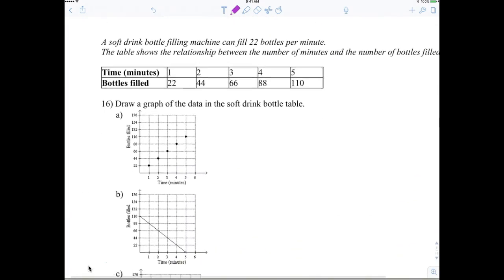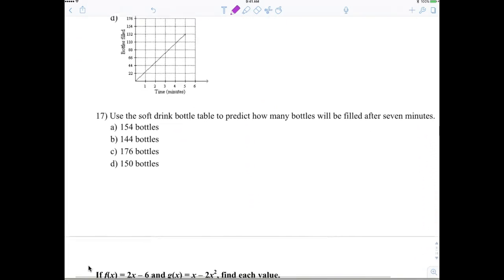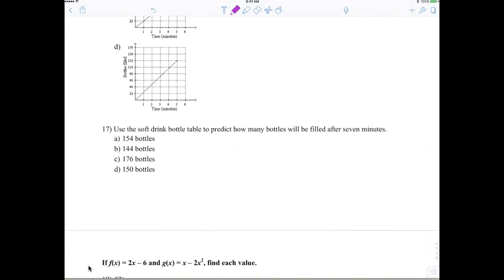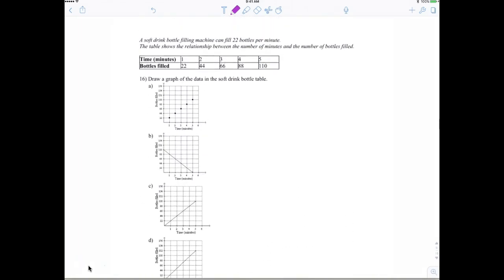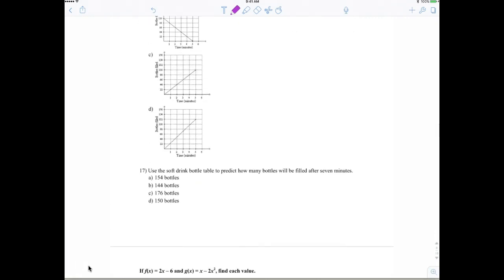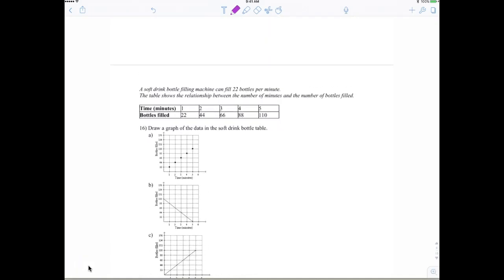All right, let's continue on to 17. I almost feel like we have to do 16 with 17. Is that correct? Well, we need to read 16 in order to do 17, right? So let's do that. It says a soft drink bottle filling machine can fill 22 bottles per minute.